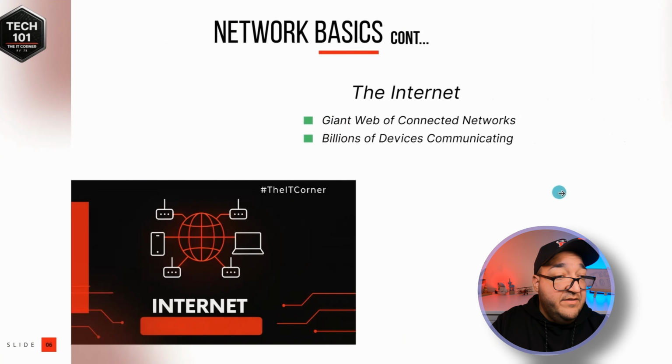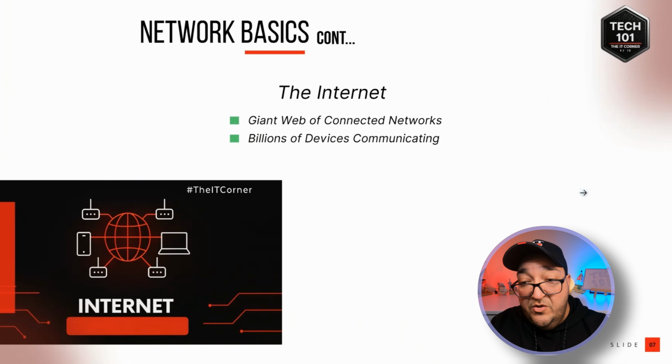Okay, next one is the internet. Like we mentioned, the internet is a giant WAN, right? A giant web of networks, billions of devices all talking to each other. Every time you send a message, stream a video, or look up something on Google, your data travels through thousands of routers and servers across the world in just seconds. You can think of it like a global superhighway of information built from millions of smaller roads, where all the LANs and WANs connect together.